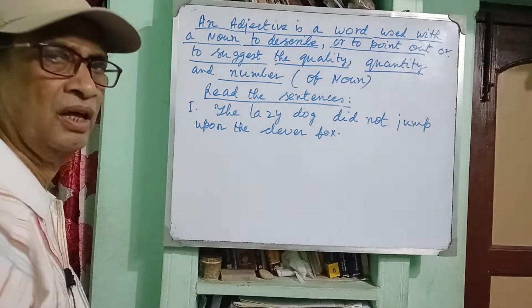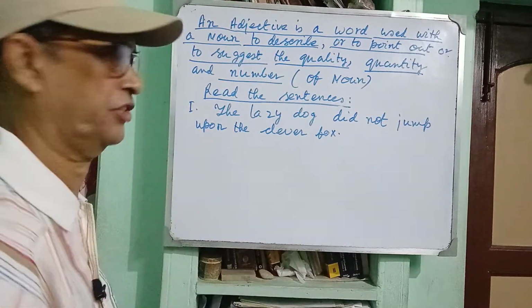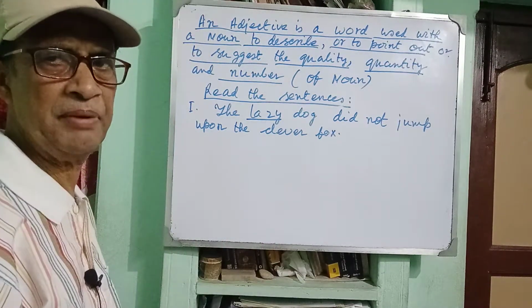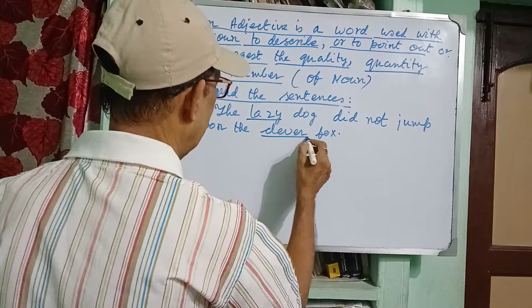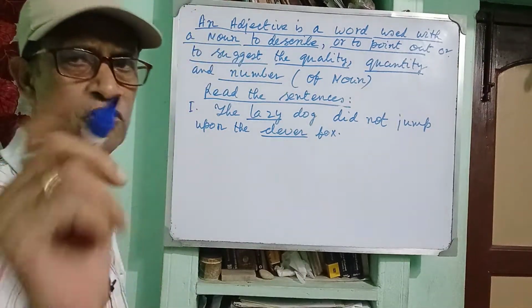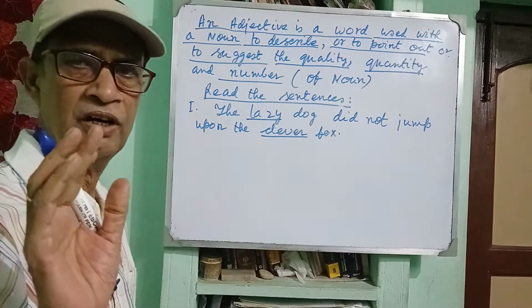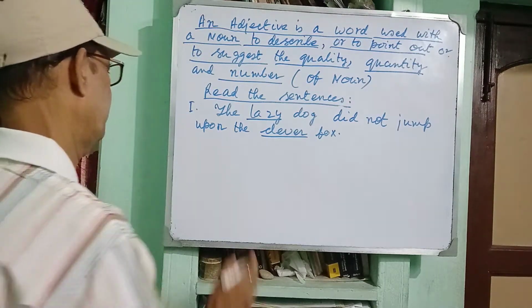Okay? You see that there are two adjectives in the sentence. Lazy, that is describing the dog, and clever, that is describing the fox. Clear? So, these two adjectives are descriptive adjectives.